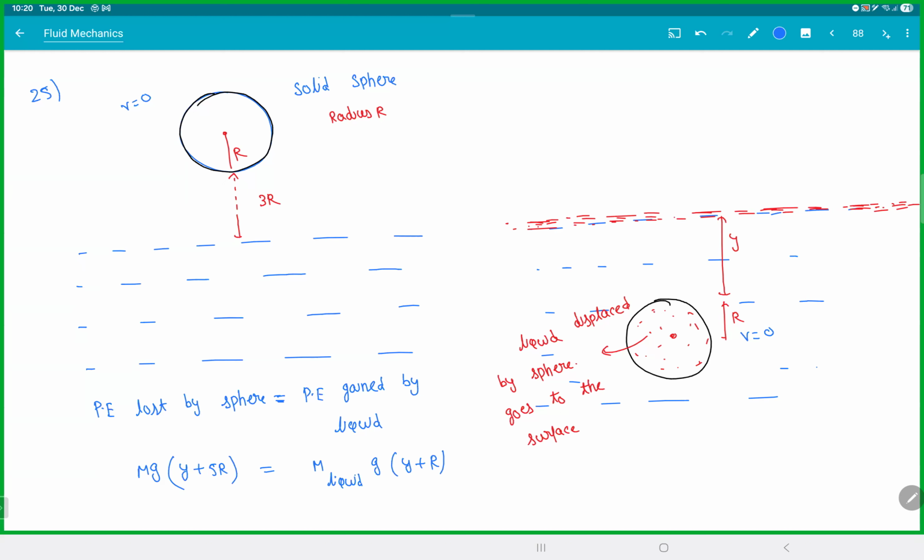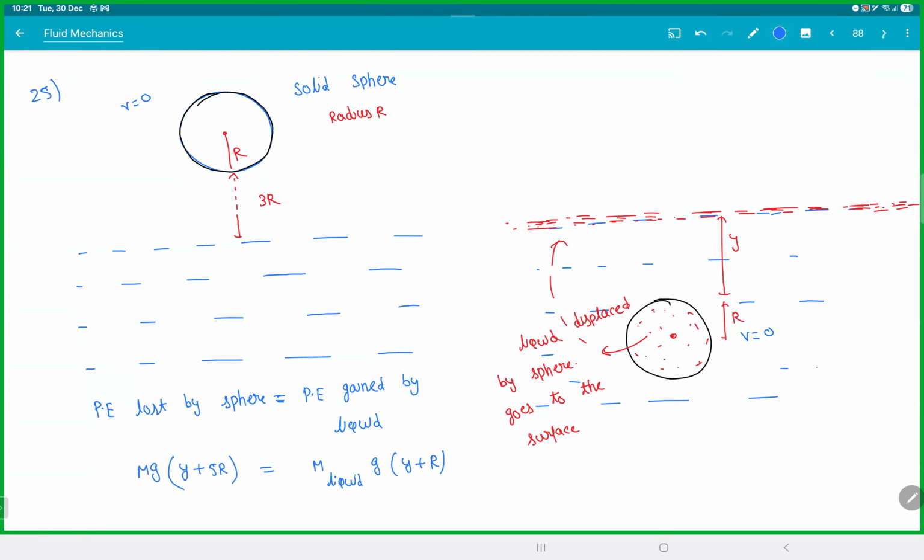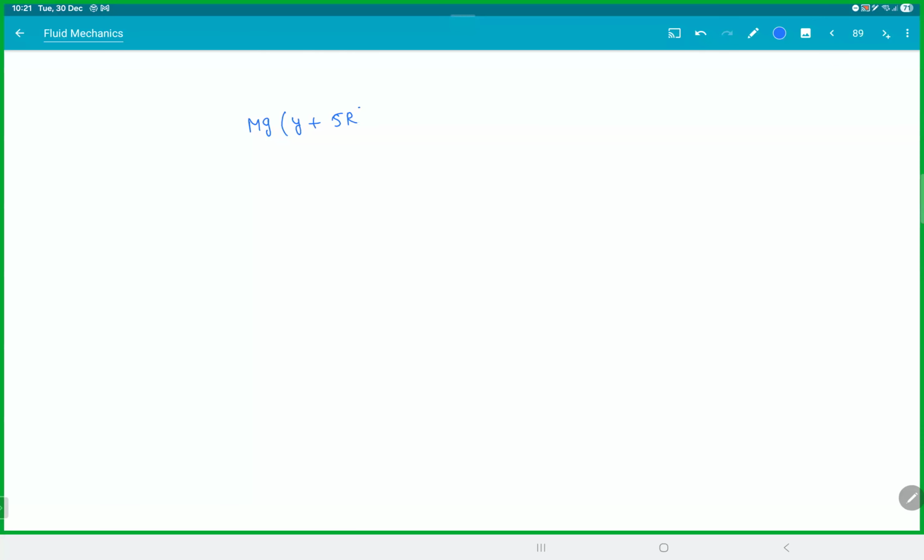Because the red sphere is actually liquid, isn't it? The red sphere liquid went up. This went to the surface. So mg, y plus 5r, equals mass of the liquid g, y plus r. The mass of the sphere was rho, volume 4 by 3 pi r cube, g.